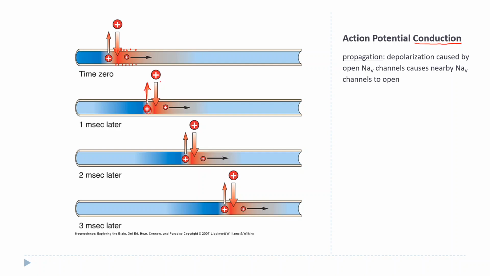So again, you have sodium coming in, and behind the action potential you have potassium going out, plus the fact that the sodium channels are inactivated. So in this part of the axon, right behind the action potential, you have zero or very little sodium conductance and very high potassium conductance.